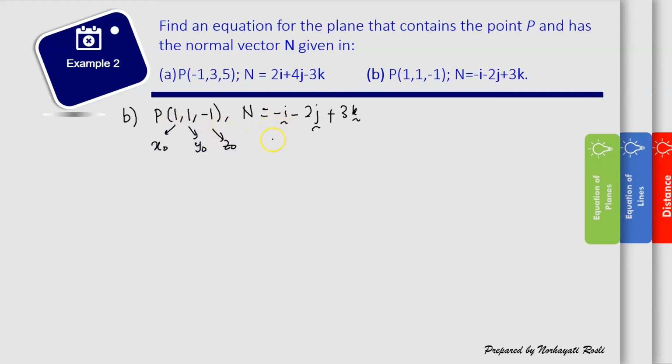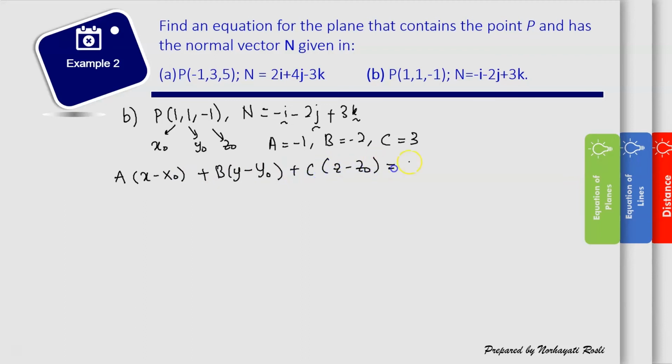And from this normal vector, we can get A equal to negative 1, B equal to negative 2, and C equal to 3. So now we can write the equation of the plane as A(x minus x naught) plus B(y minus y naught) plus C(z minus z naught) equal to 0.